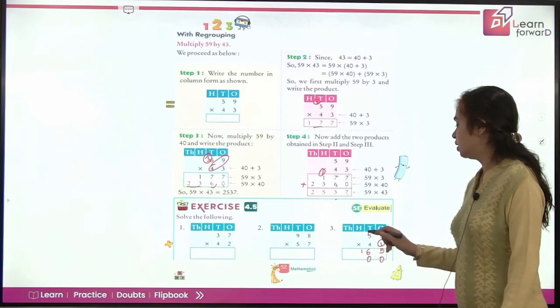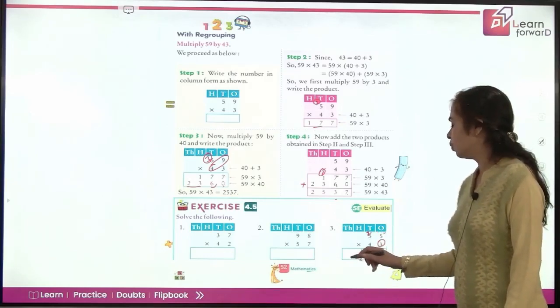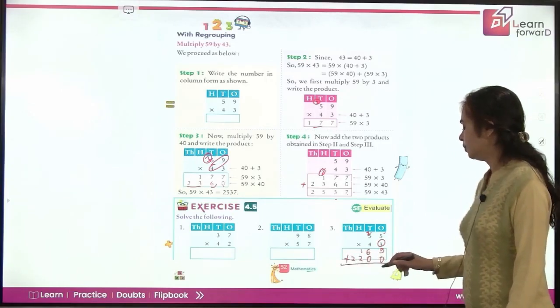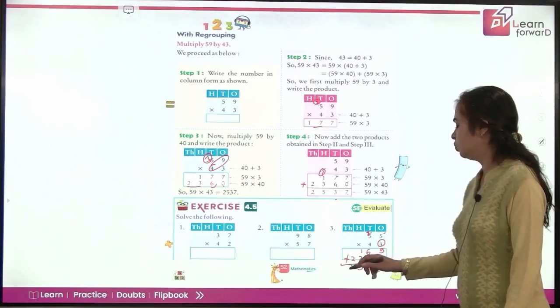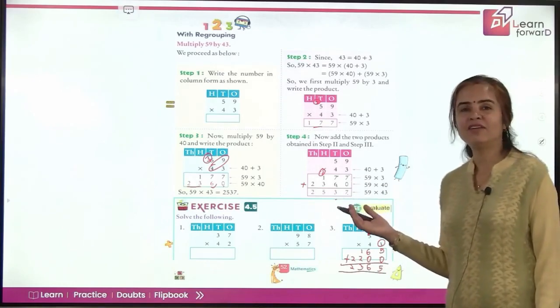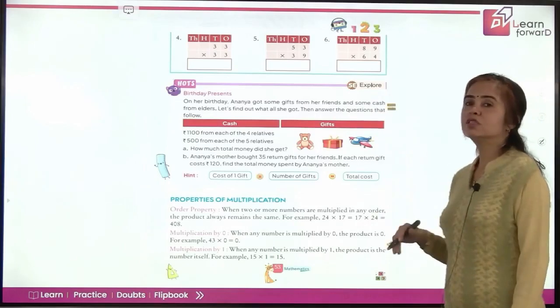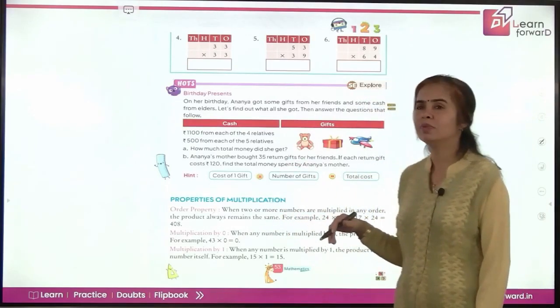So 0, now carry over is 2. Again 4 fives are 20 plus 2, 22. And you will be adding these numbers now. 5. You are going ahead giving the answer and you got it perfect. The product is 2365. That's perfect. So you have more questions here for practicing.